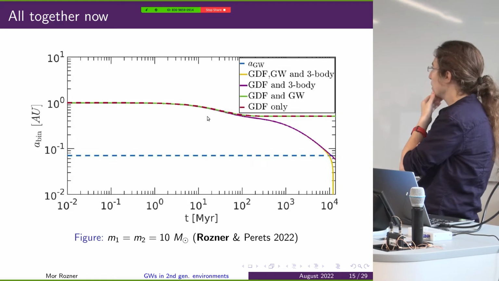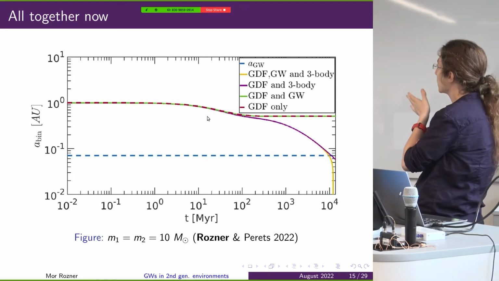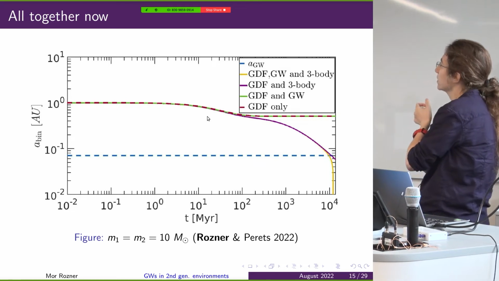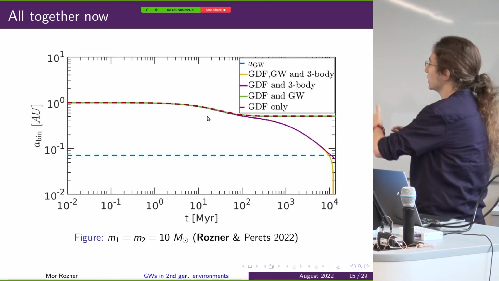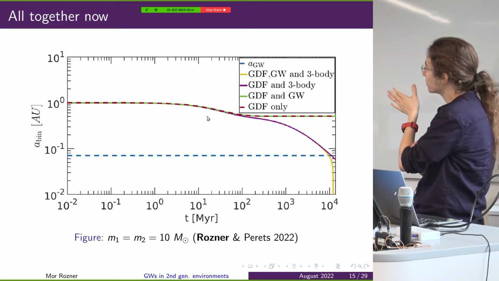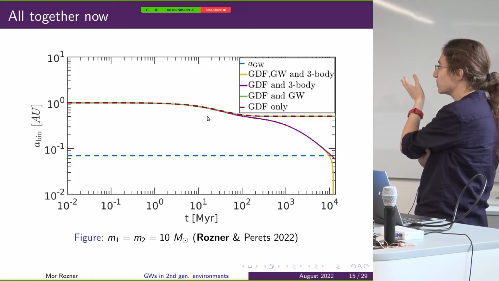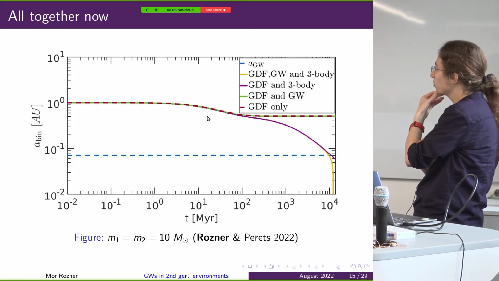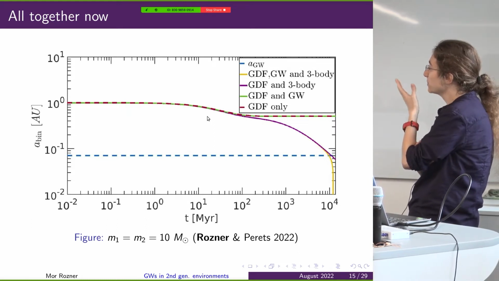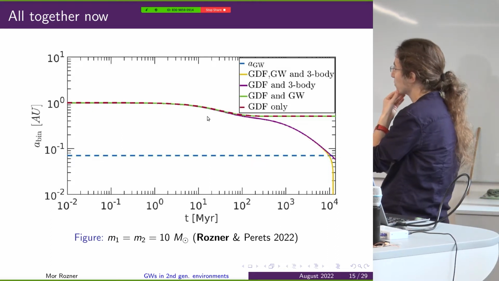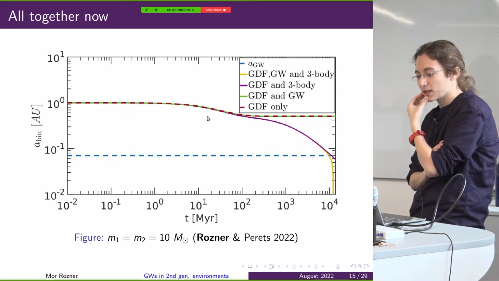So now we should care about three-body hardening. Looking at the second purple line, you can see that three-body hardening helps a lot. But then comes the point at which gravitational waves dominate, the yellow line. All in all, we have an expected emission of gravitational waves within this time scale, which is very nice.